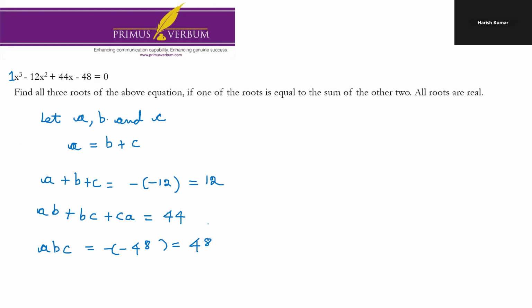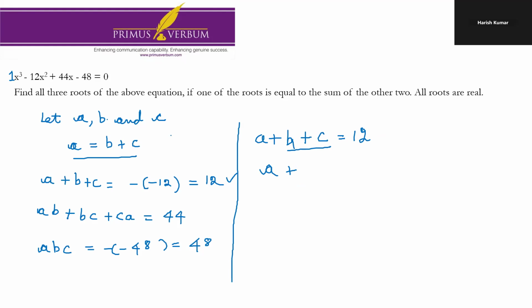Now that we have all these three results, let us see what we can do further. Since we know that A is equal to B plus C, the equation A plus B plus C equal to 12 can be rewritten as A plus A, because B plus C is equal to A. So we have 2A is equal to 12, A is equal to 12 by 2.